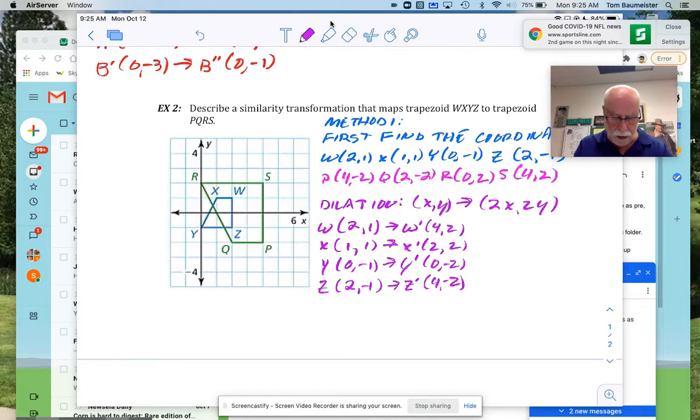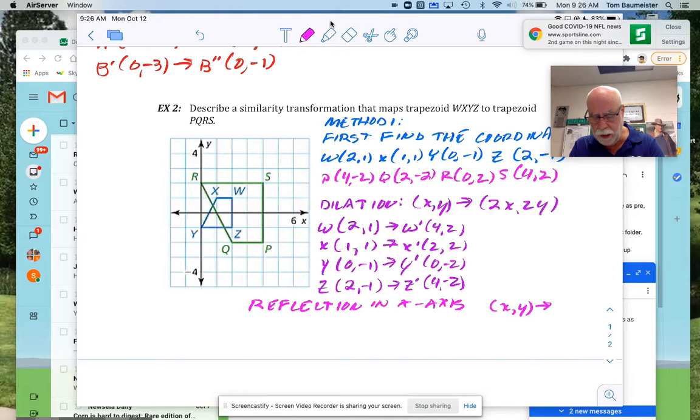So a reflection in the x-axis means our x stays the same, our y is going to change.